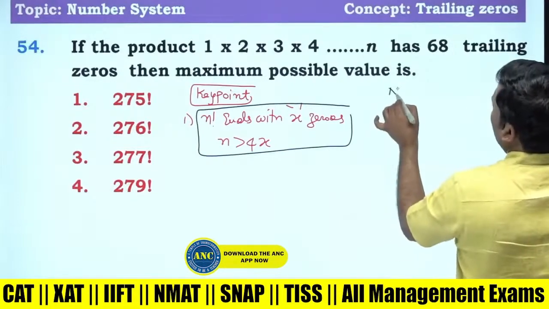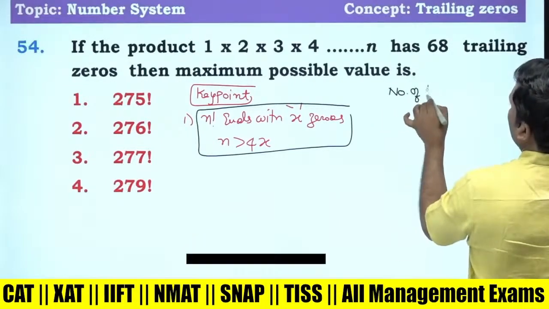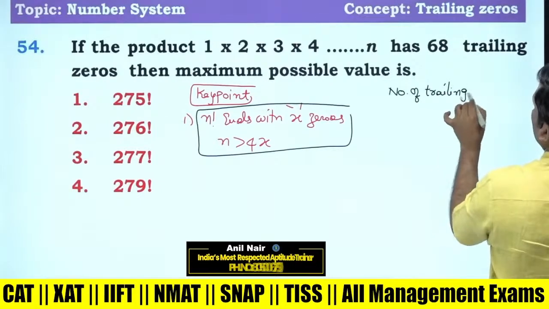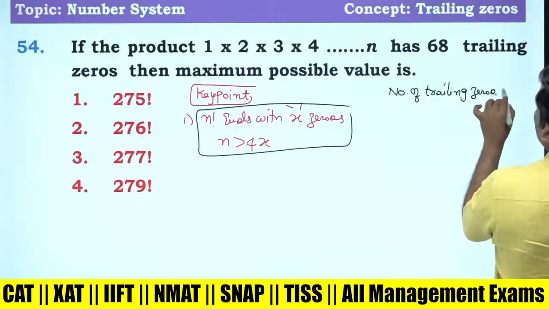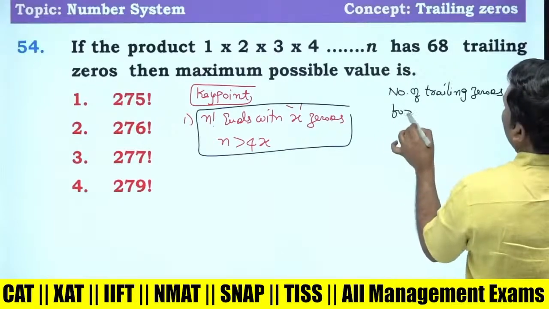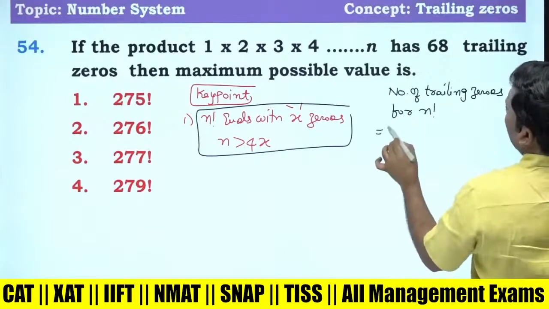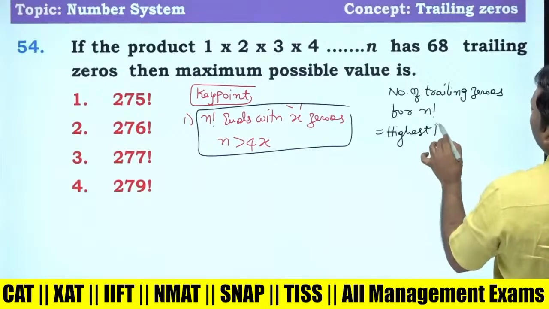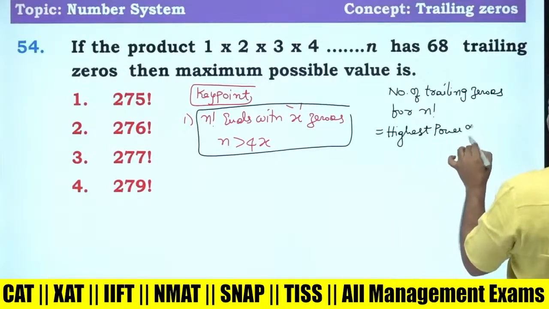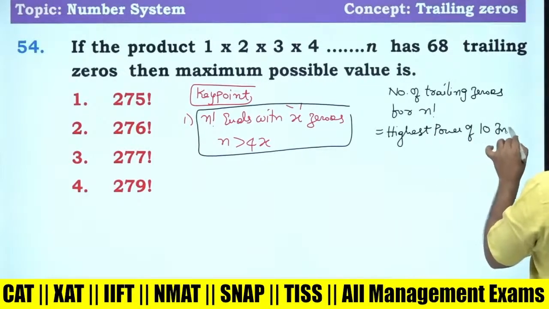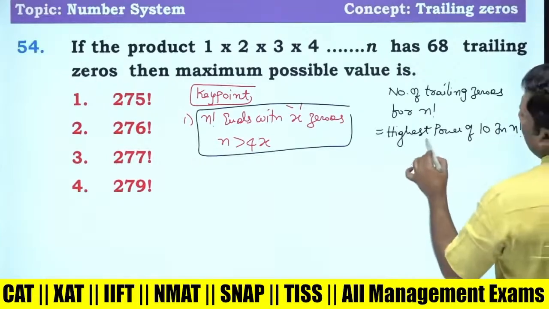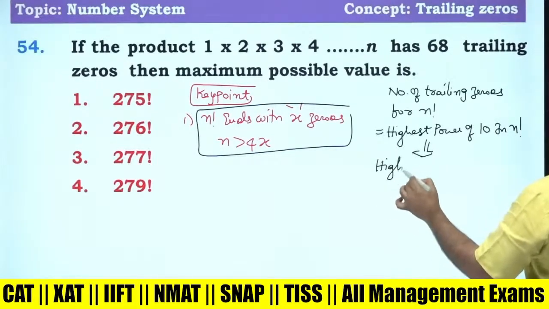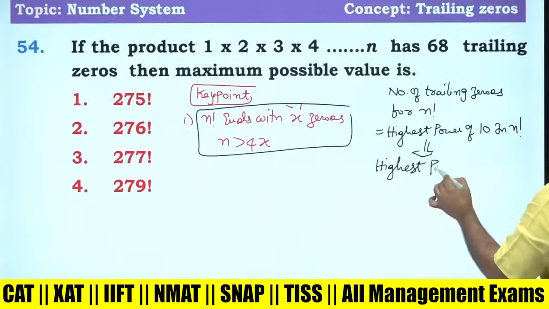Now, number of trailing zeros. Listen carefully, sir. Number of trailing zeros for n factorial is given by the highest power of 10 in n factorial. 10, it can be further optimized into the highest power of 5 in n factorial.